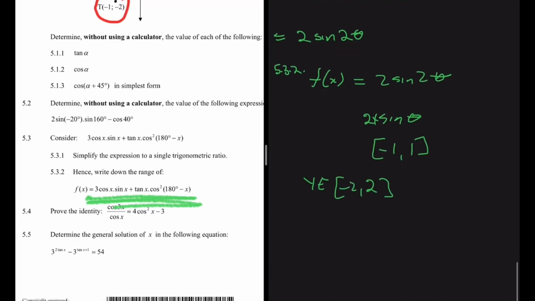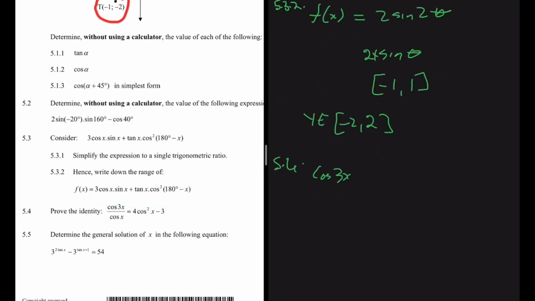And then we can move to 5.4. Cos 3x divided by cos x is equals to 4 cos of 2x minus 3, right? So the rule of thumb when you're solving trig identities is to pick the most complicated side, and then from the most complicated side you reduce it so that you get the simpler side, right?